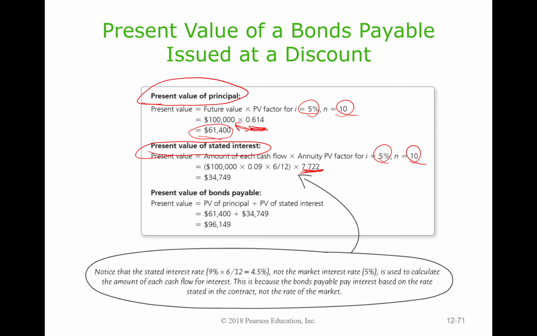We're multiplying that by the amount of interest paid on that bond every period. In this case, it's the 4,500. So the 4,500 times 7.722 gives us 34,749. That's the present value today of those $4,500 payments over a 10-period span. This number plus this number, when we add them together, gives us what the bond is worth at the current time.